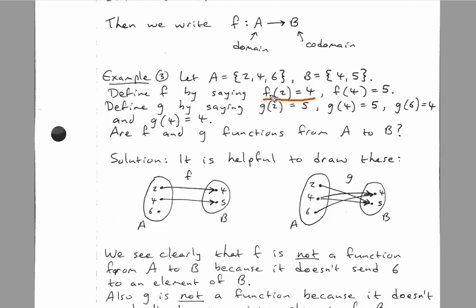Okay, so for the picture, f of 2 equals 4, so 2 heads to 4. f of 4 equals 5, so we have this arrow.